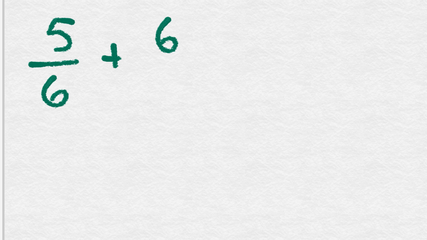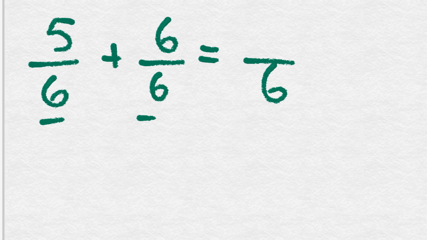Let's do that again with another example. Okay, let's go 5 over 6 plus 6 over 6 equals, the denominator is the same, so it remains the same. We add 5 and 6, which is 11.